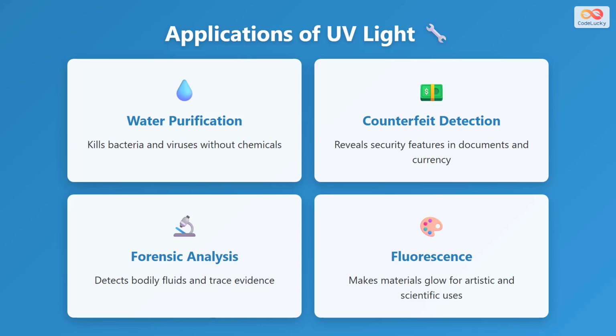Forensic scientists use UV light to detect bodily fluids, fingerprints, and other trace evidence at crime scenes. Finally, UV radiation causes fluorescence in certain materials, making them glow. This property is used in everything from blacklight posters and entertainment venues to scientific research and mineral identification. These diverse applications demonstrate how ultraviolet light, though invisible to our eyes, plays a vital role in modern technology and everyday life.